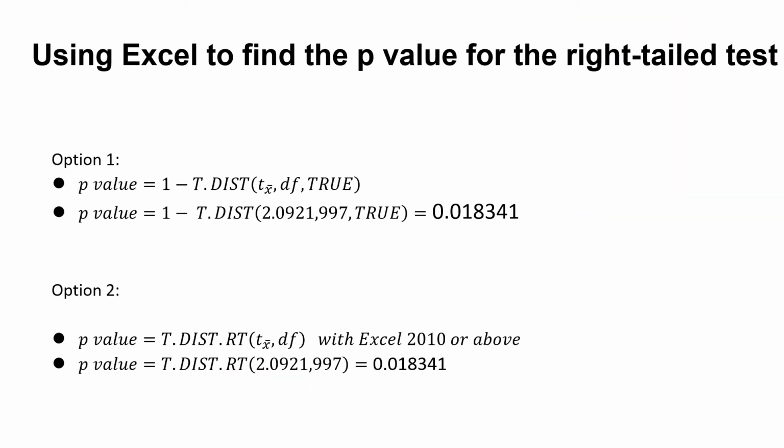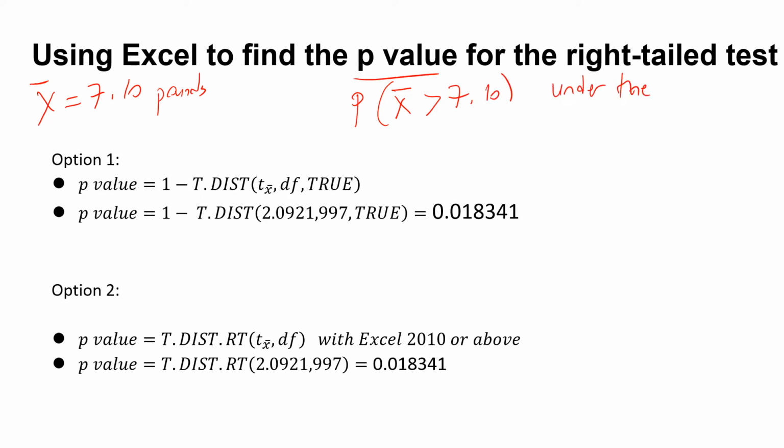Remember, our sample has a mean of x bar, 7.10 pounds. The p-value captures the probability of having a sample mean above 7.10 under the null. If the null is true, what is the likelihood that we will get a sample mean higher than 7.10?